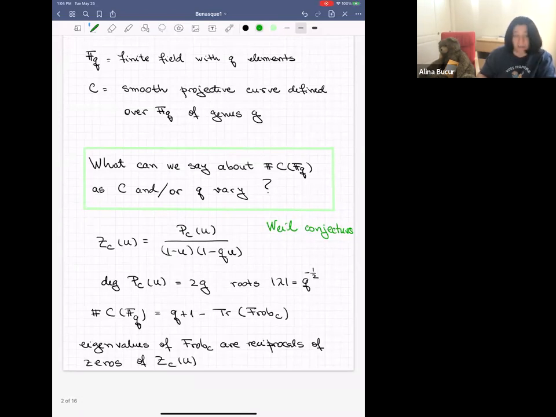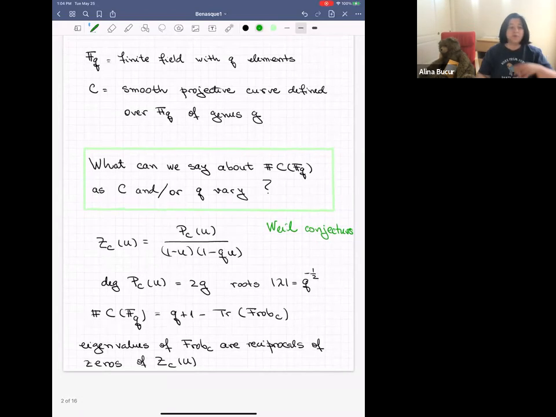So it's q plus 1 minus the trace of Frobenius. And the other connection between this Frobenius operator and the zeta function itself is that its eigenvalues are the reciprocals of the zeros of zeta.